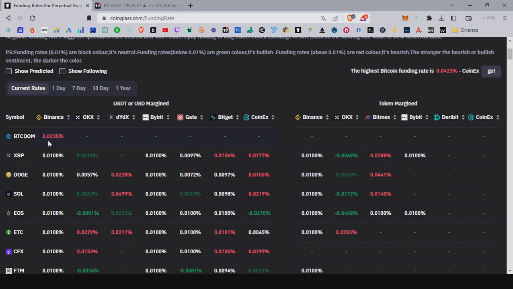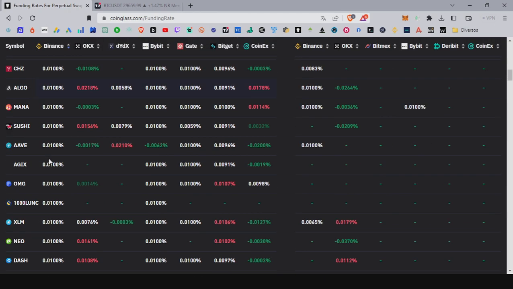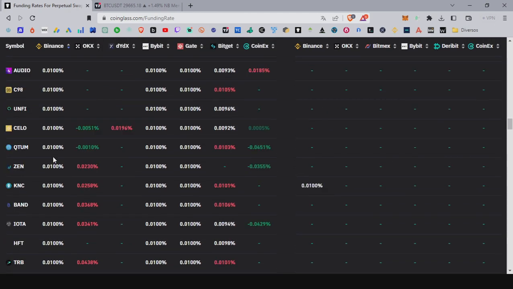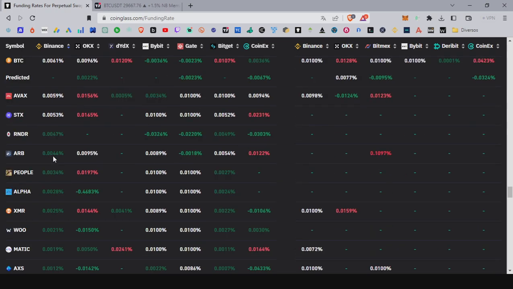That's my reading. So to open a position on BTC dominance, I'm probably going to look for shorts, right? All of these other ones here are not showing much. They are neutral, right?